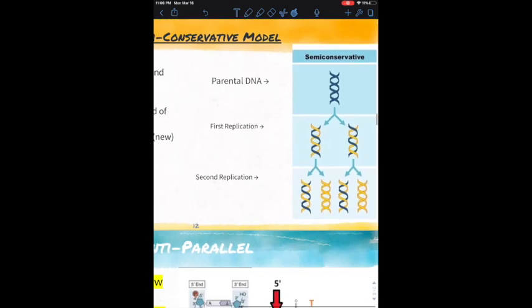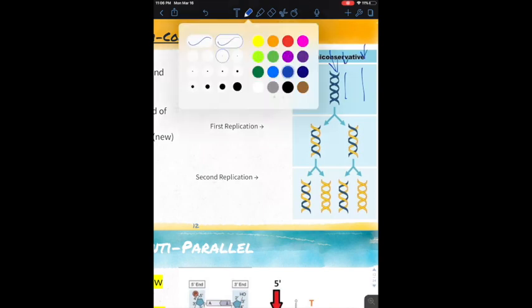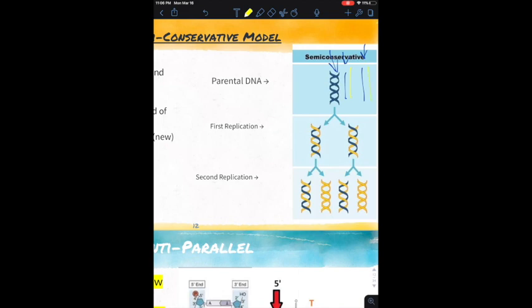If we look at the parental DNA, double helix, 2 blue strands, the semi-conservative model means that the DNA double helix is going to split, unzip, and each strand of DNA is going to be copied to create what we have down here: one parental strand intertwined with one of the new strands that were made, one of the daughter strands. So where does the name semi-conservative come from?